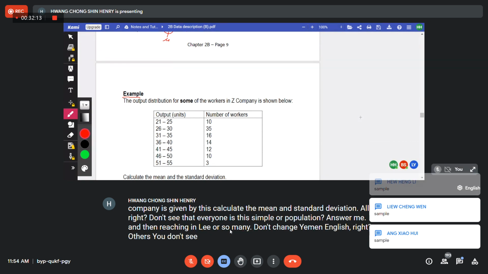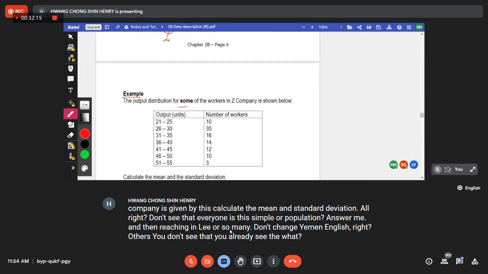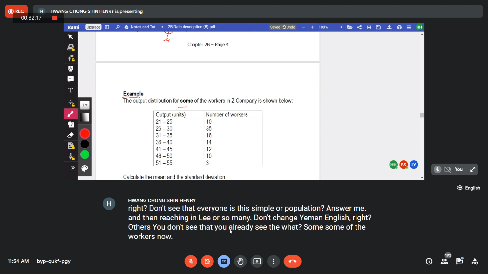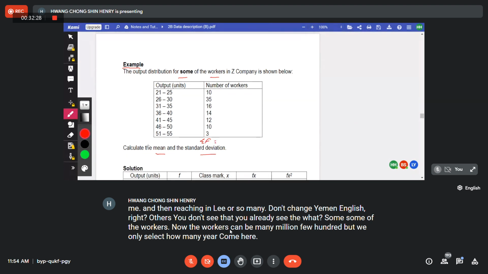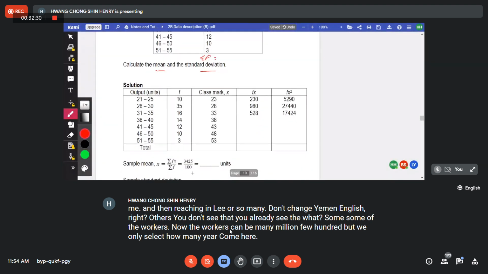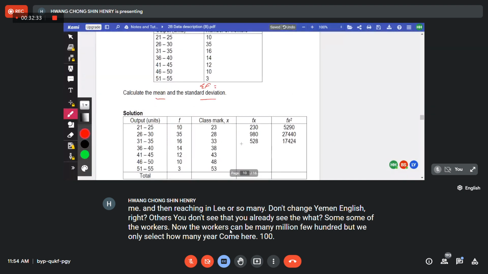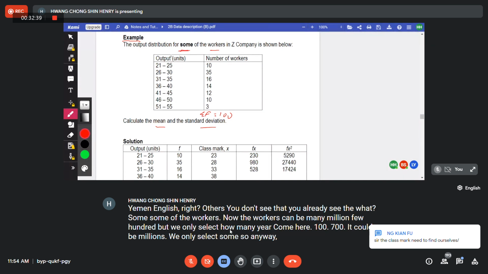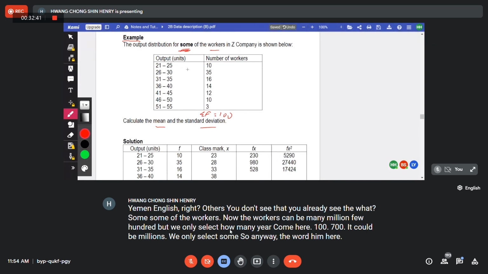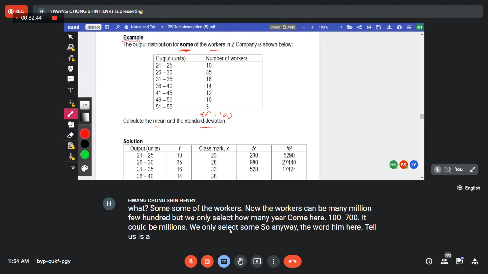You don't look at the answer, you already see the what? The words 'some of the workers'. Now, the workers can be many, millions, a few hundred, but we only select how many here? 100. Say 100 total. It could be millions. We only select some. So anyway, the word hint here tells us it is a sample.